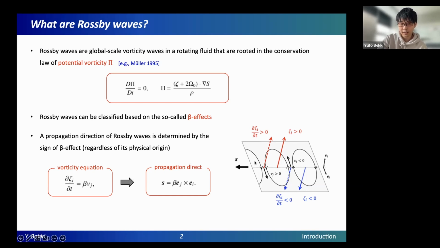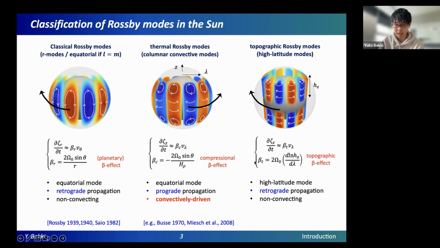In this talk, we will focus on three types of Rossby modes. The one on the left is the classical Rossby or R mode, the one in the middle is the thermal Rossby, and the one on the right is the topographic Rossby.